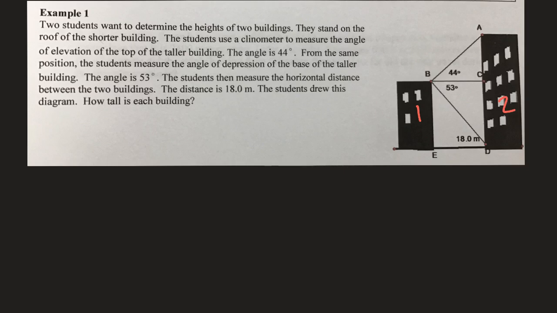So if we look at these two triangles, we have this line here and this line here. These two are parallel, and given that these two towers are going to be straight up, they're going to be the same distance. So this is also going to be 18 meters.